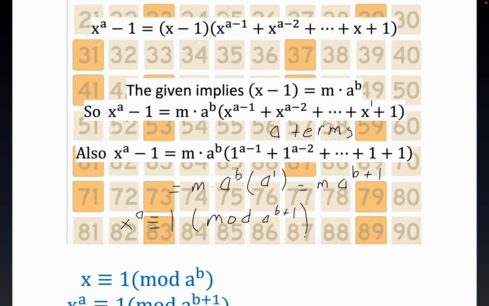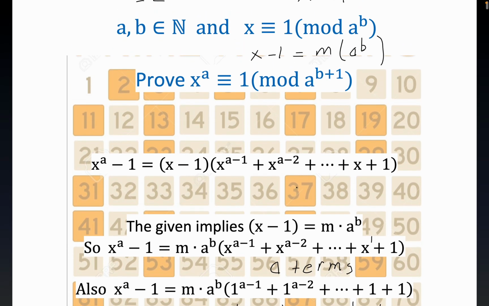Okay, so again, this statement right here that you see, x to the a minus 1, is 100% equivalent to writing it this way. Because you could think of this as subtract 1 from both sides and you get x to the a minus 1 is some multiple of a to the b plus 1, which is what this says right up here. So kind of neat stuff.